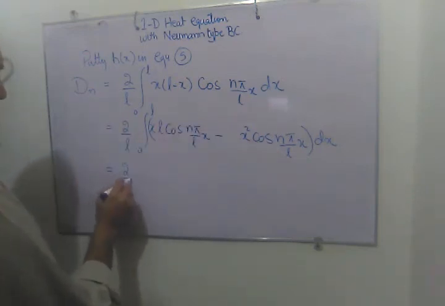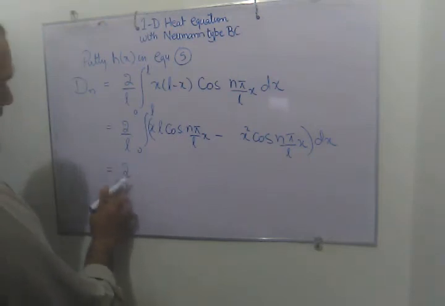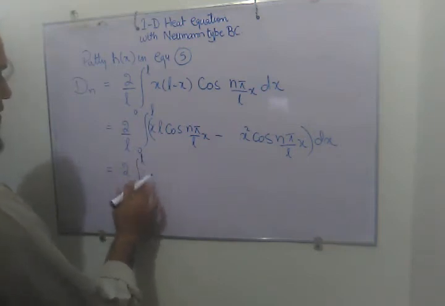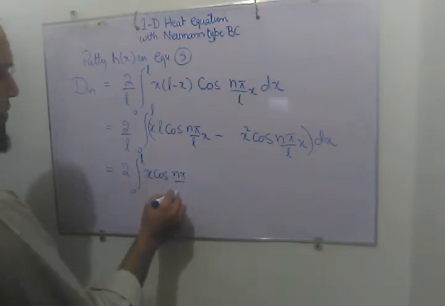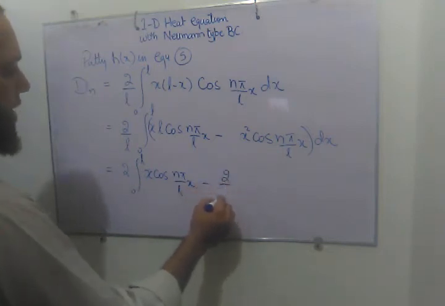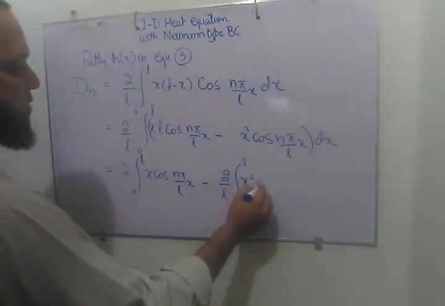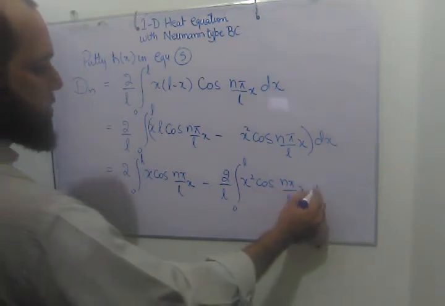So we can write it as 2 by L times integral 0 to L x cos n pi upon L x dx, minus 2 by L times integral of x square cos n pi upon L x dx.